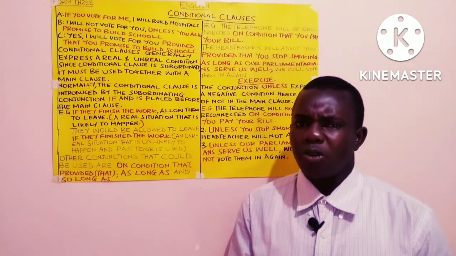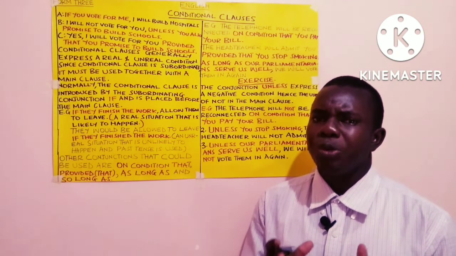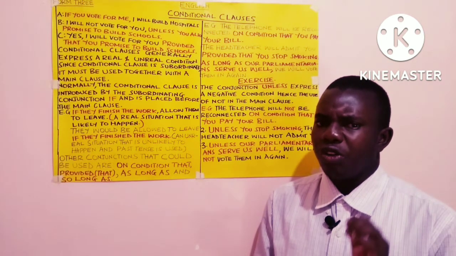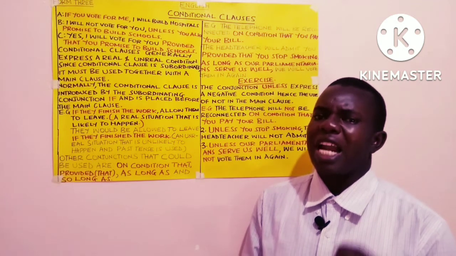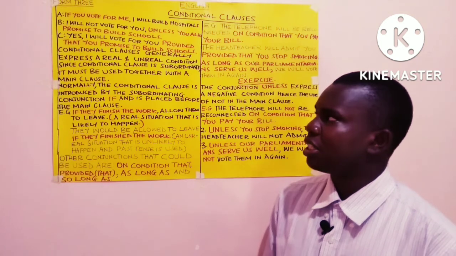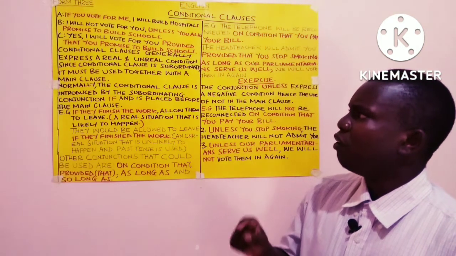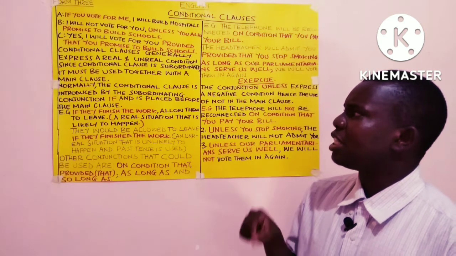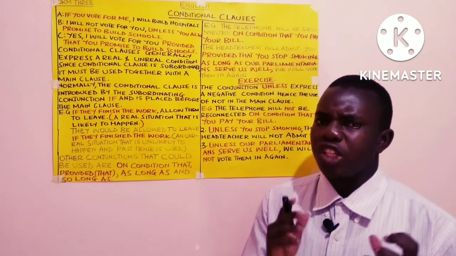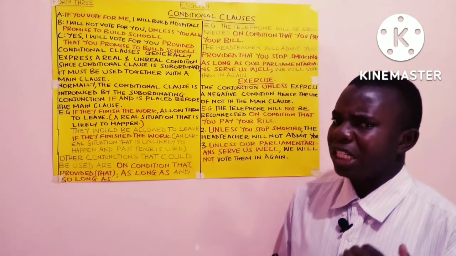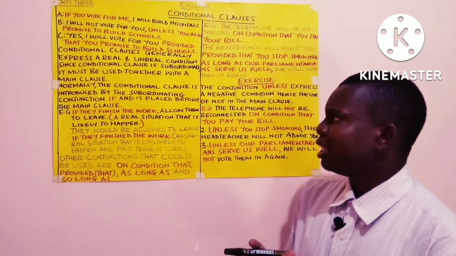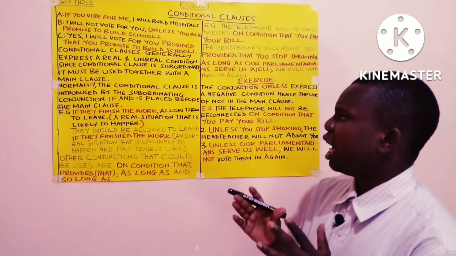And as subordinate clauses, they have to be used together with the main clause, since subordinate clauses are dependent on the main clauses. Again, from the politician's statement, when we begin with the conditional clause, which is a subordinate clause, then there is a comma that separates it from the main clause.